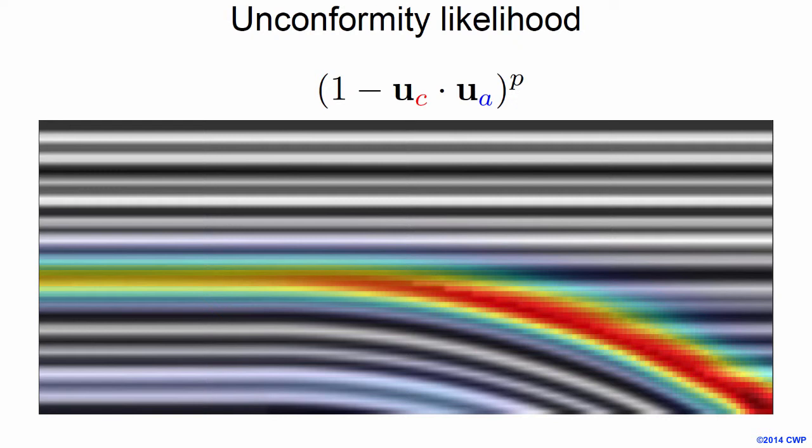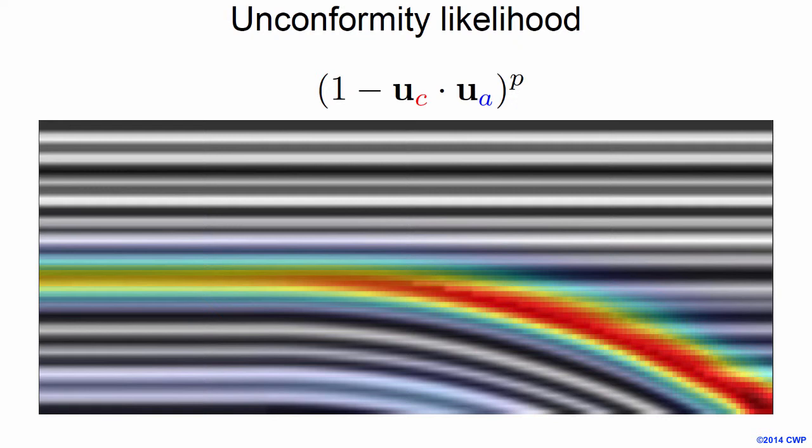We compute this unconformity likelihood as 1 minus the dot product of vectors UC and UA. Here, these two vectors UC and UA are unit vectors. And we assume that the angle between these two vectors cannot be bigger than 90 degrees. Then this dot product is just a number between 0 and 1.